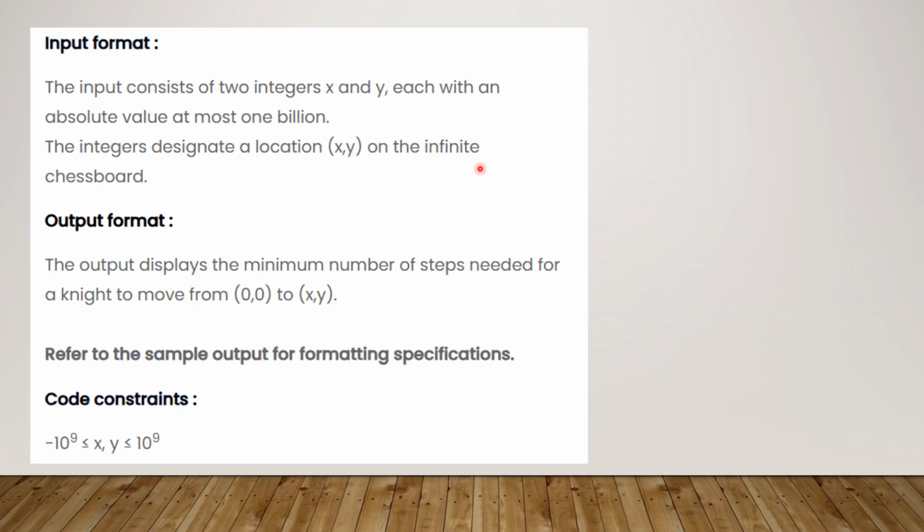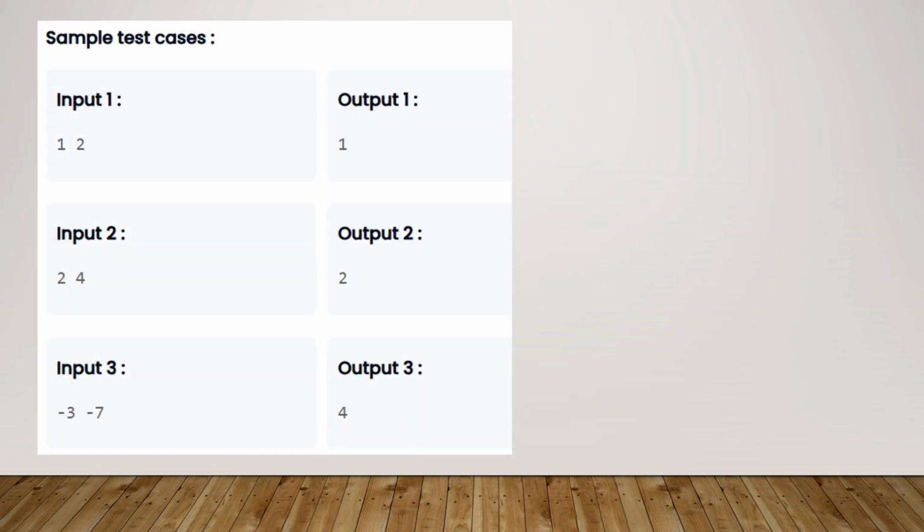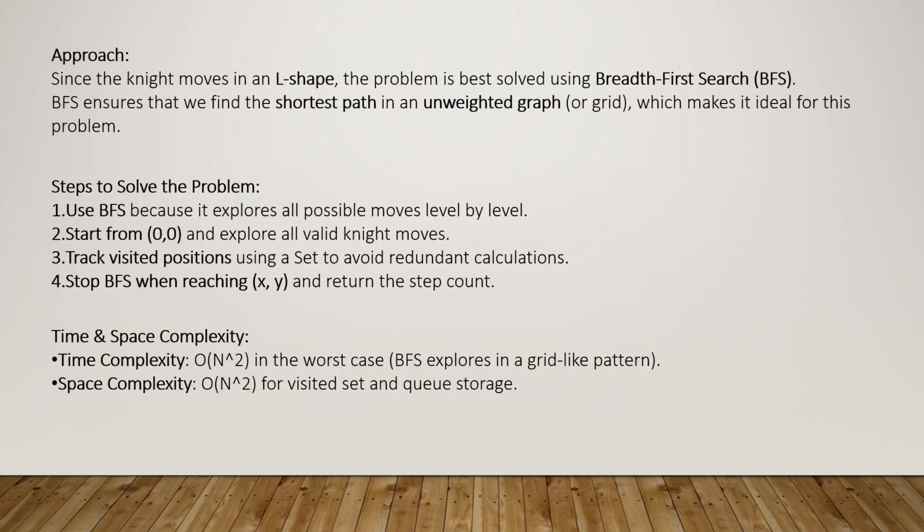So the input is given as a pair x and y. We have to find the number of steps to move from 0, 0 to x, y. If the position is 1, 2, then only one step is needed. If the position is 2, 4 on the chessboard, you need two steps for the knight to move from 0, 0 to 2, 4. The approach we have used in this problem is BFS.